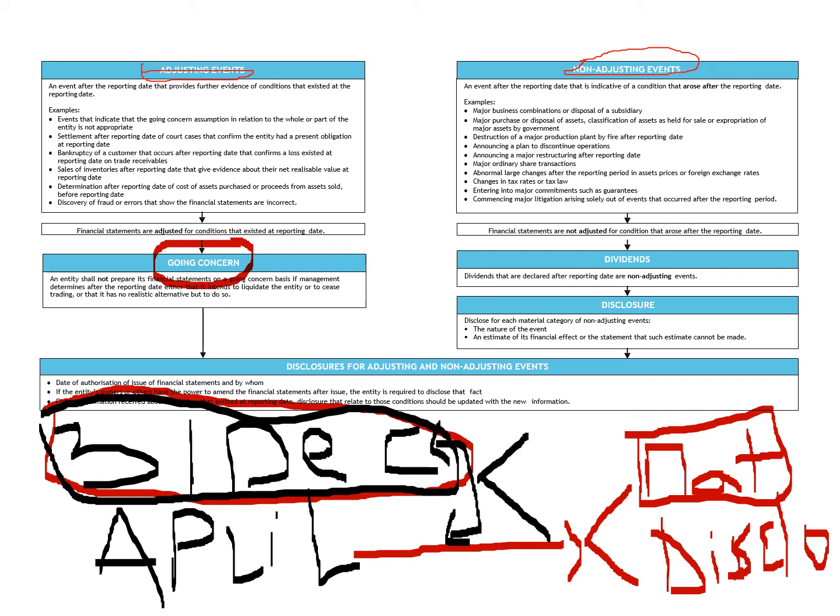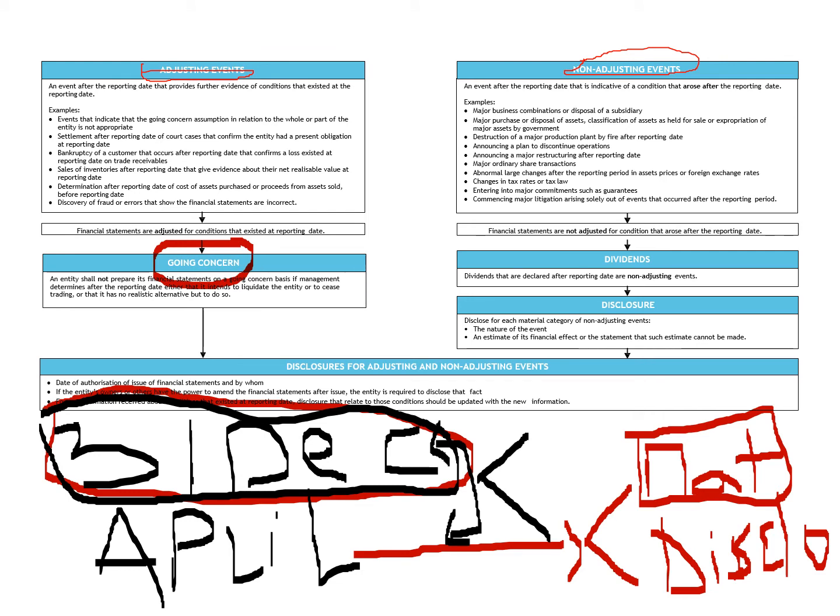This assumption defines that the company will continue to operate in the foreseeable future. So under this assumption, the financial statements are prepared.